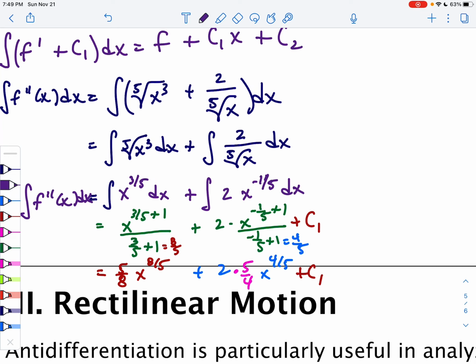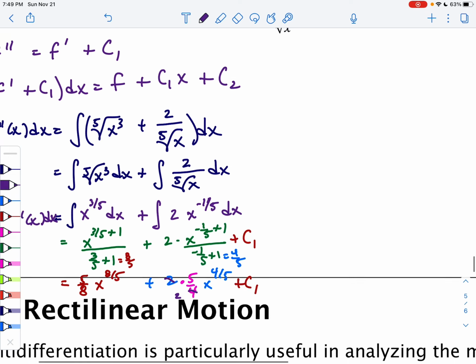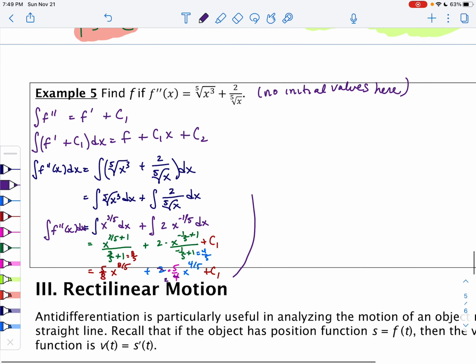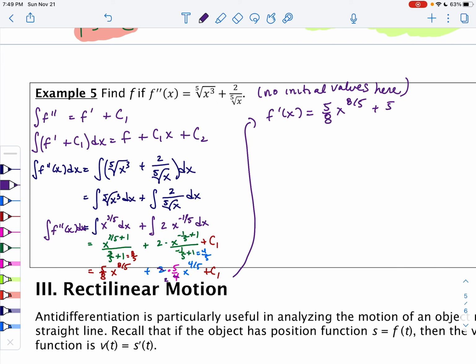Just cleaning things up, I can cancel the 2 with this 4 to leave a 2. And so we're going to get that our f prime of x is going to be 5/8 x to the 8/5 plus 5/2 x to the 4/5, and we have plus C1.